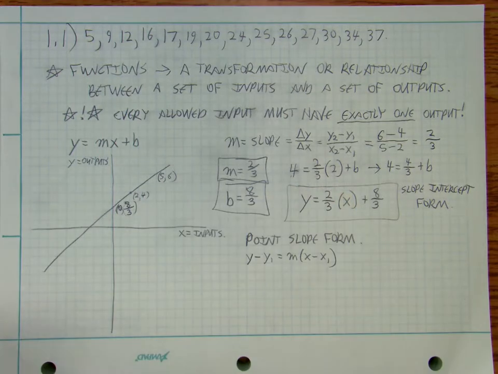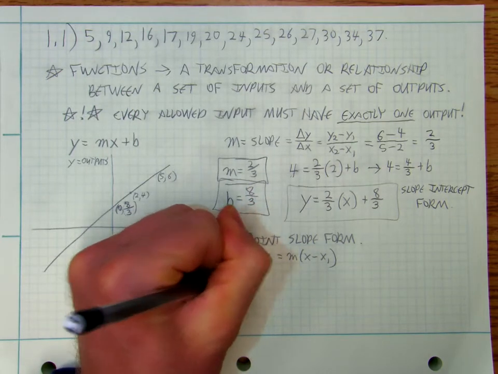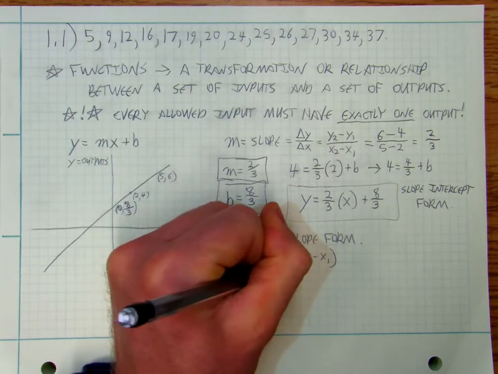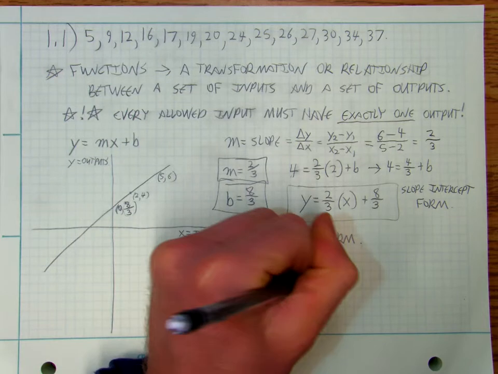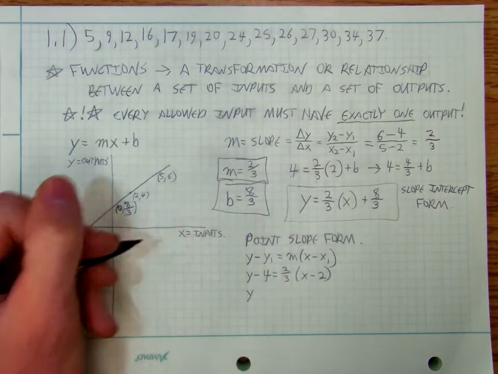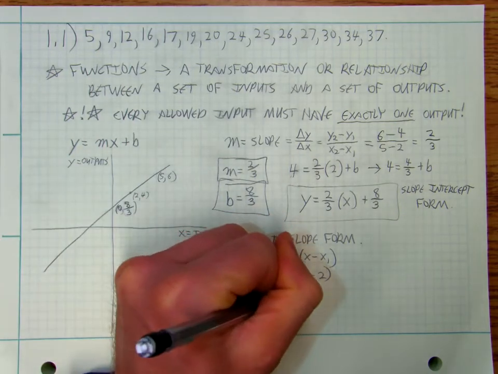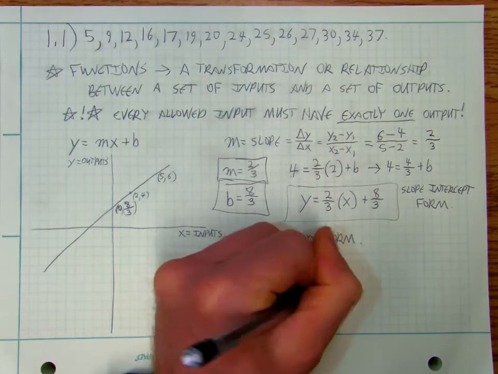And then I could have a whole bunch of different values for that. I could have y minus 4 equals 2/3 times x minus 2. That would be one possible form. I could have y minus 6 equals 2/3 times x minus 5.